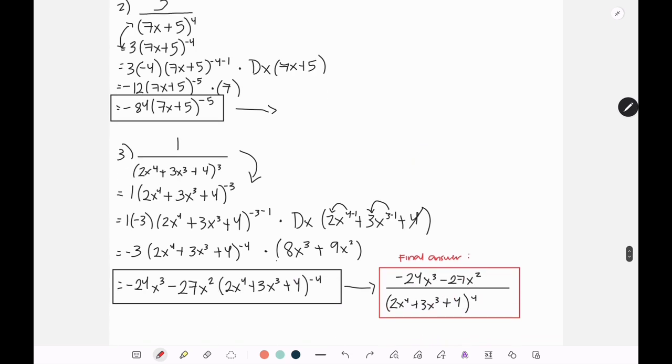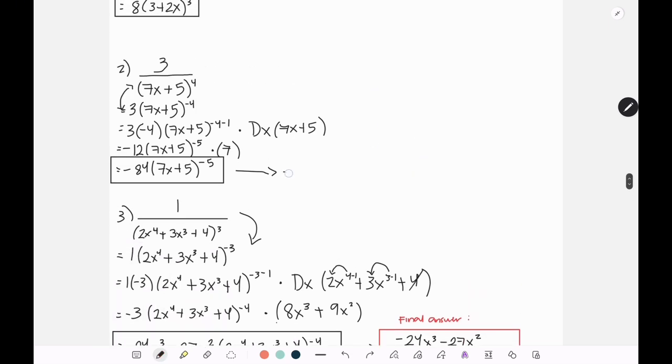So, let's do it. So, we have negative 84 and then 7x plus 5. And then yung exponent natin, magiging positive na rin siya. There you go. So, that is our answer.